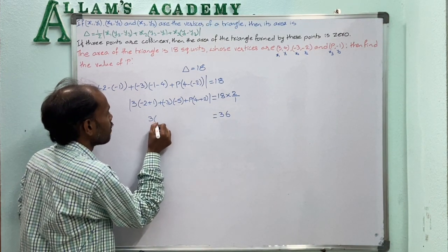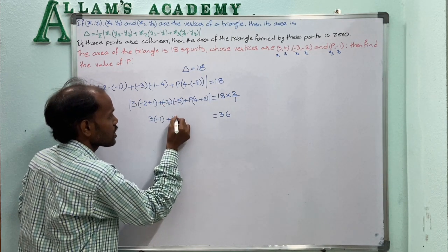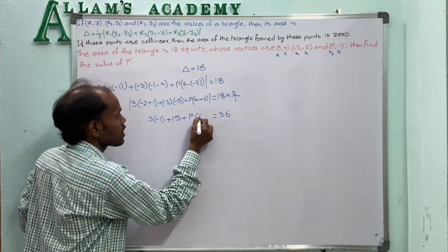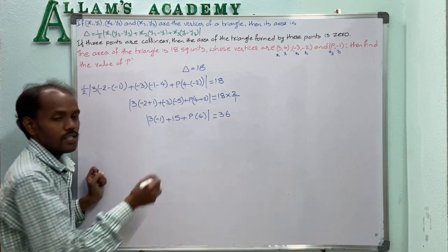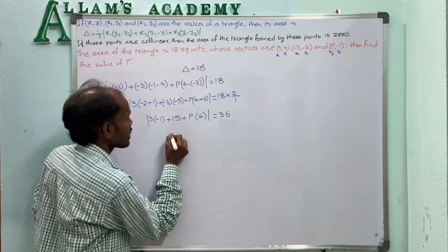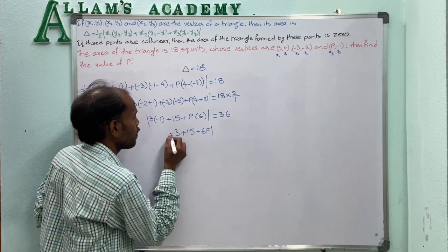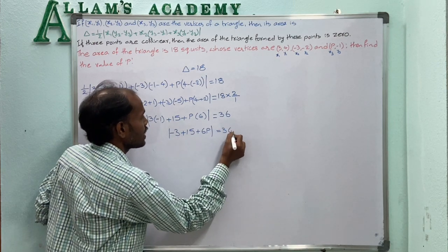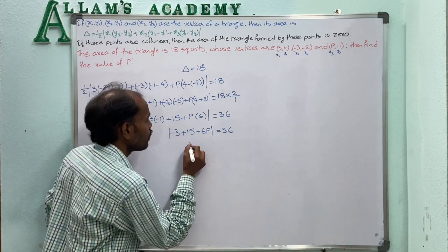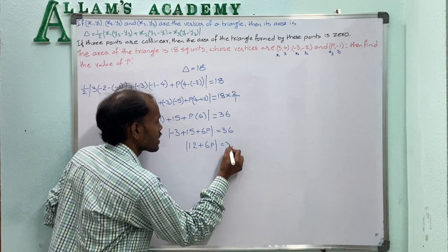So 3 into minus 1, plus minus 3 into minus 5 is plus 15, plus 4 plus 2 is equal to 6, so p into 6. Now 3 into minus 1 is minus 3, plus 15, plus 6 into p is 6p, is equal to 36. Now 15 minus 3 is equal to 12, plus 6p is equal to 36.